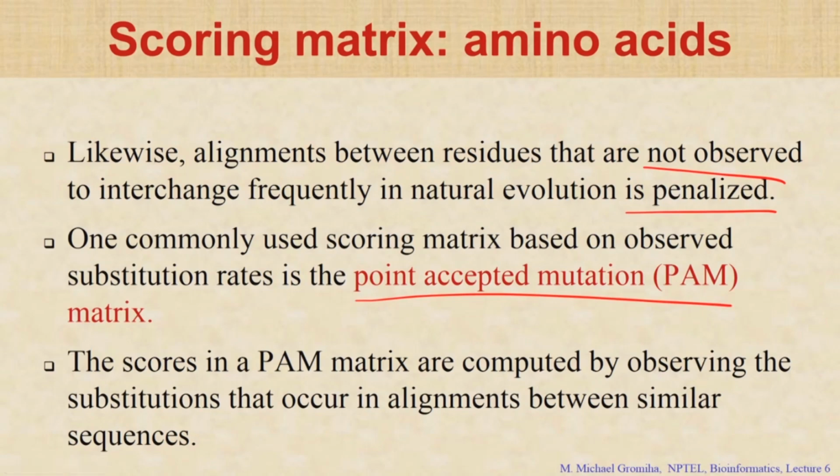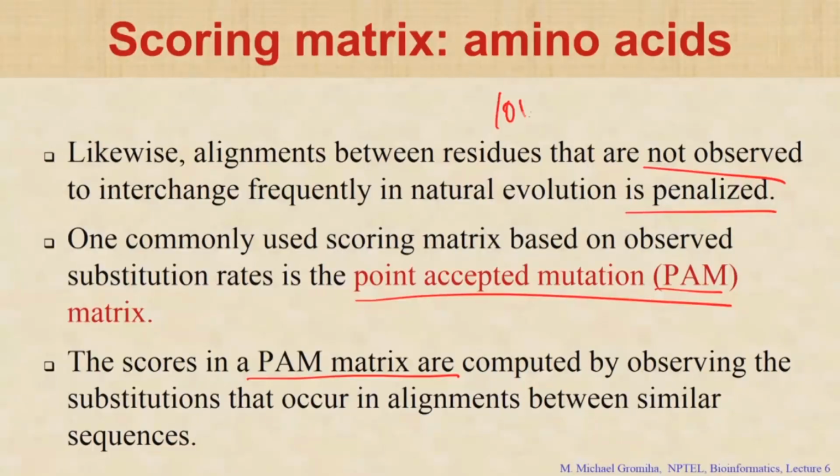What is the PAM matrix? They derive scores on the basis of how frequently the mutation occurs. PAM stands for point accepted mutation matrix. You can derive a PAM matrix from the substitutions that occur in the alignments between similar sequences. If we have sequence 1, sequence 2, several pairs of sequences, some of them show 100% match, some 90% match, some 80% match. They use different types of sequences with different matches, for example 90%.